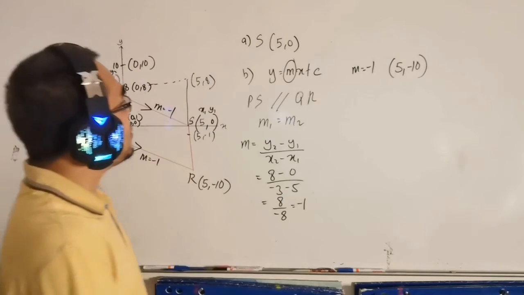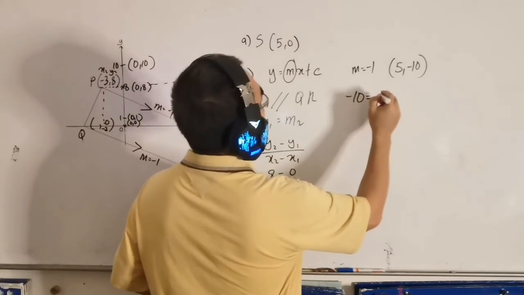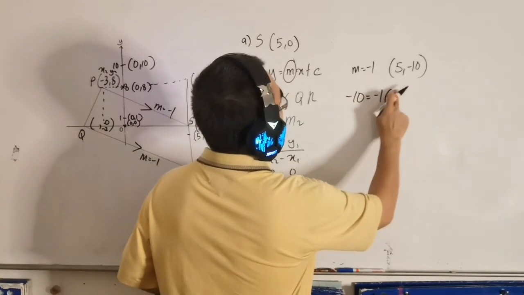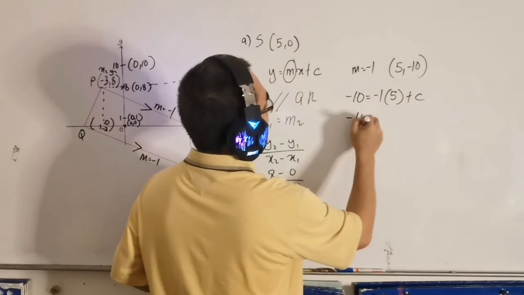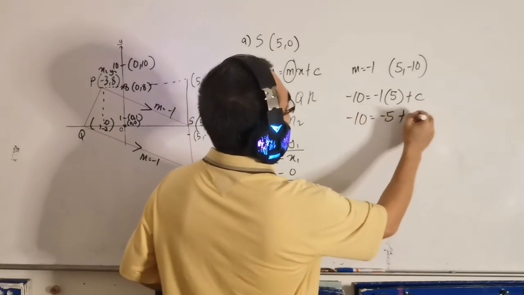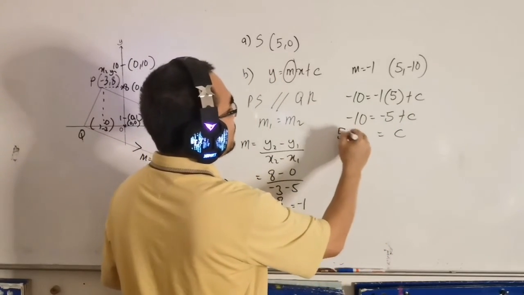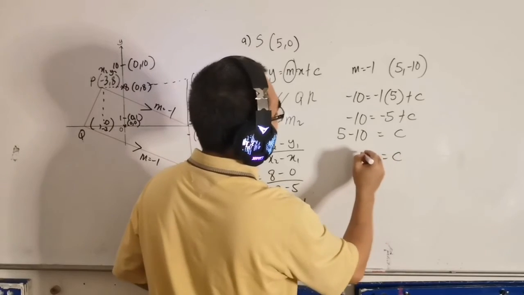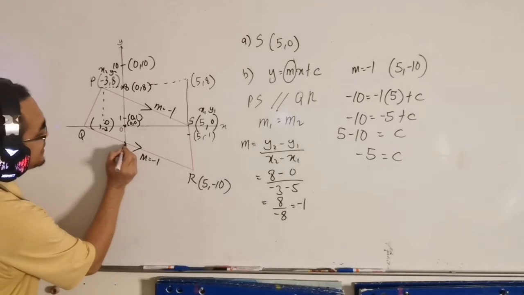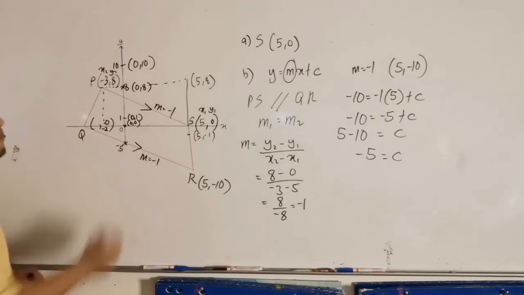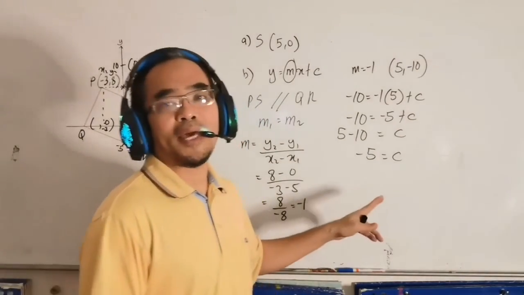You substitute in y equals mx plus c. Negative 10 equals negative 1 times 5 plus c. Simplify, you get negative 5 plus c. Move negative 5 here, so negative 10 plus 5, c will be negative 5. C negative 5 means this is the coordinate of negative 5, because c is the y-intercept.